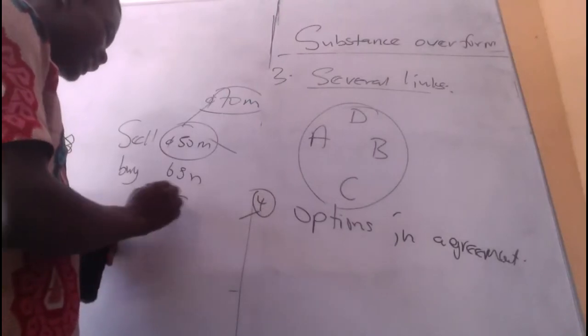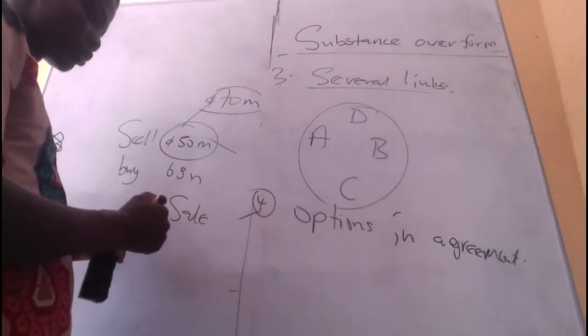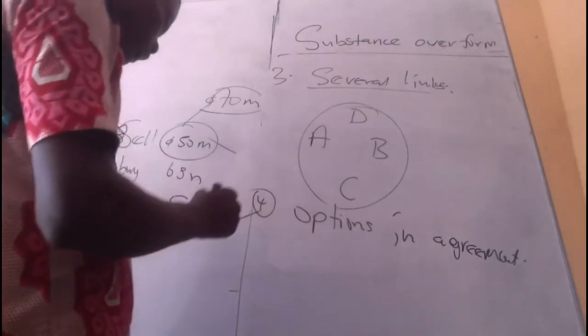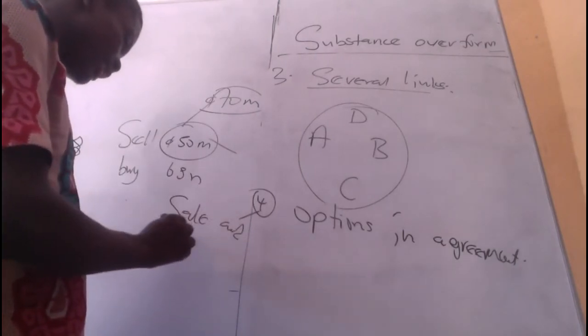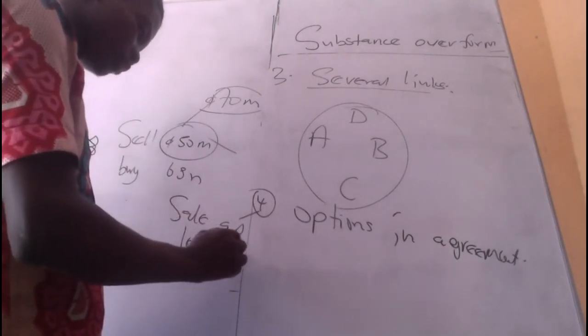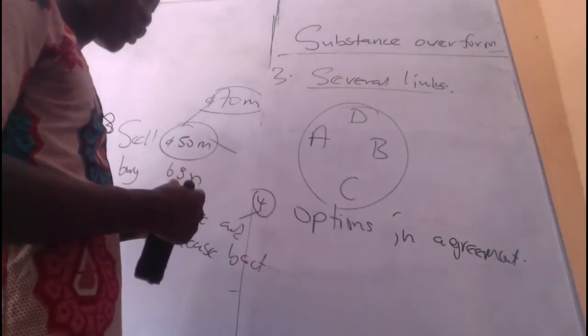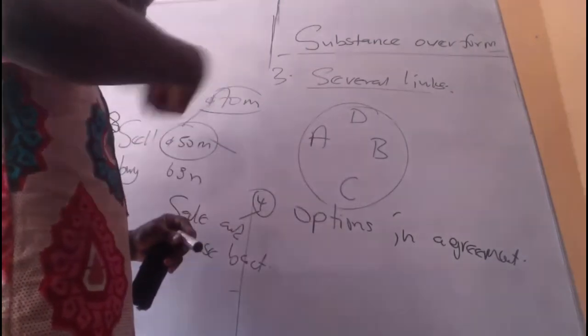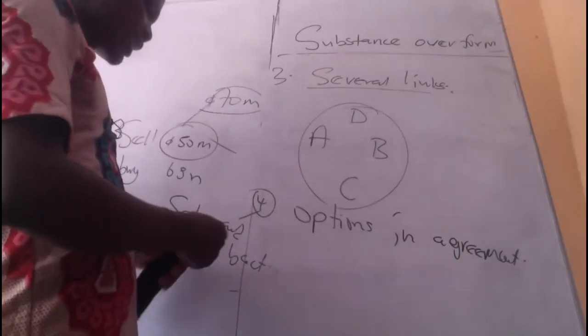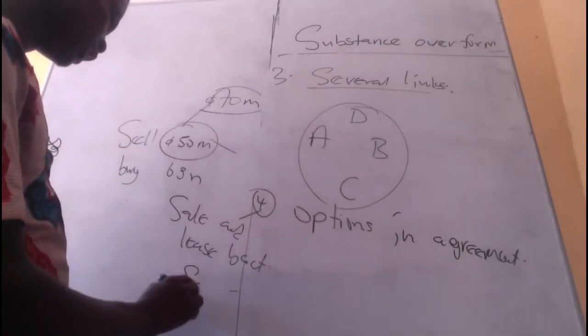An example is the sale and lease back. So sale and what? Lease back transaction. Here I will sell the item to you, but I have the option to lease it back.